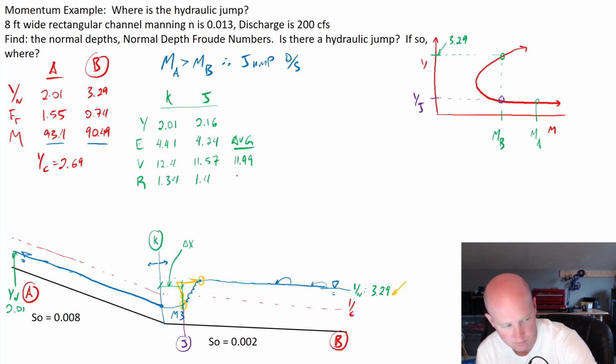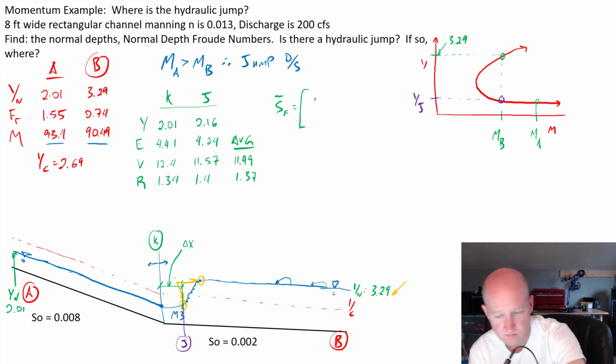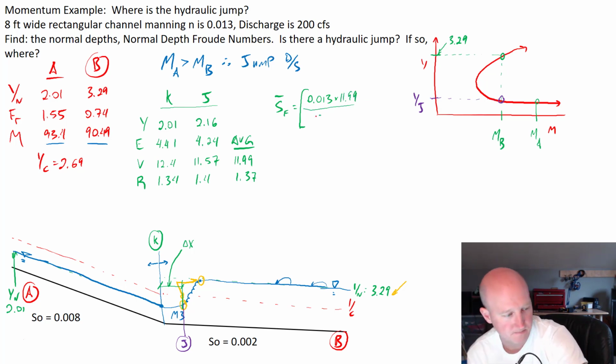And the averages. So if we do our SF bar calculation, the average slope of friction between those two, this is our unit correction.